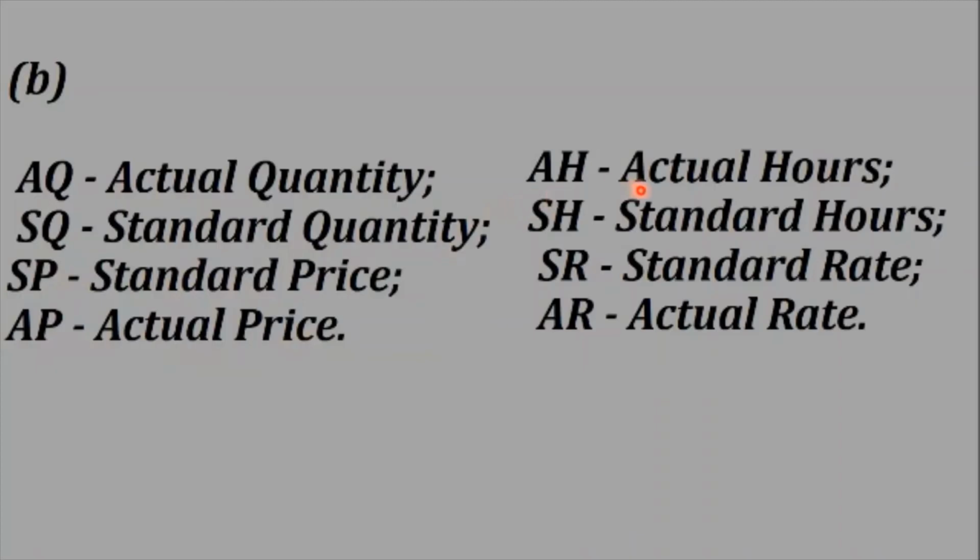And for the labor, AH is actual hours, SH is standard hours, and SR is standard rate, AR is actual rate. Okay, at this point you may want to go and look back at the data for the standard and the actual figures in your past paper, because I would not be flipping back to it in the video.